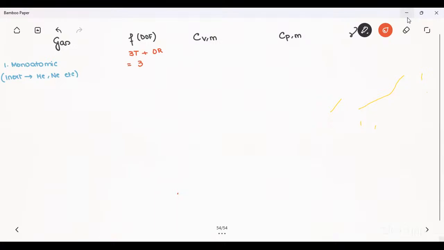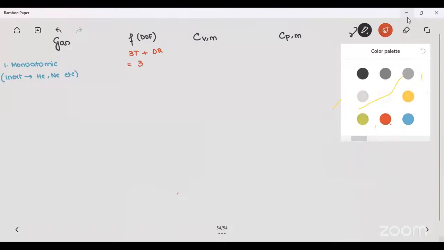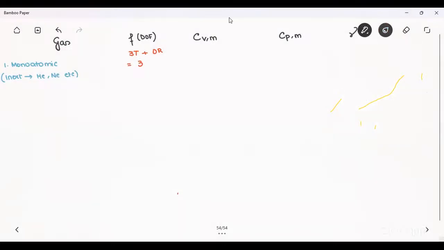Okay. So for CVM, the formula is F by 2. And for CPM, the formula is CVM plus R. And for gamma, the formula is CPM by CVM.